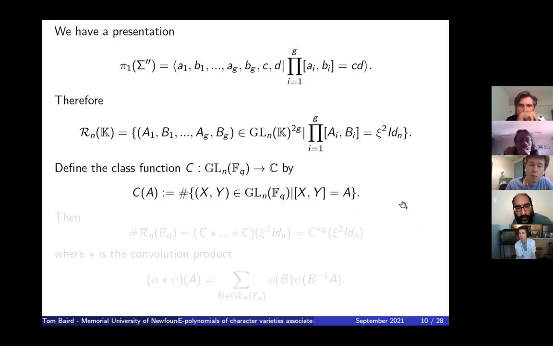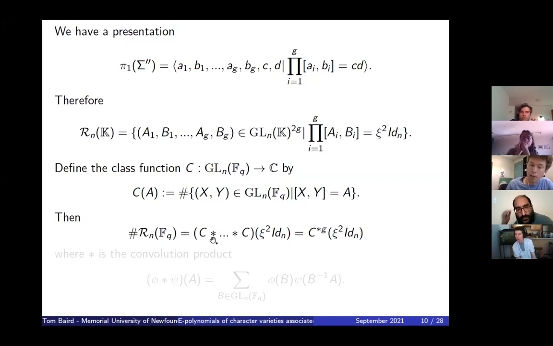For the general g case, what you do is take what's called a convolution product. You take this function C, this class function on your finite group, and take the convolution product of that function with itself g many times, and then evaluate the resulting function at this nth root of unity.